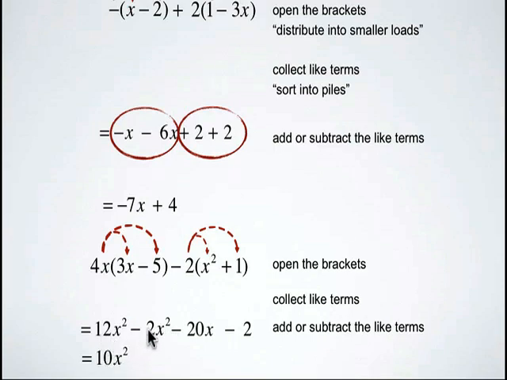Simply 12 take away 2. Nothing to go along with the negative 20x, so it stays negative 20x. Nothing to go along with the negative 2, so again it stays a negative 2. So the answer to this simplification, meaning multiply using distributive law and then collecting like terms, gives us 10x squared minus 20x minus 2.